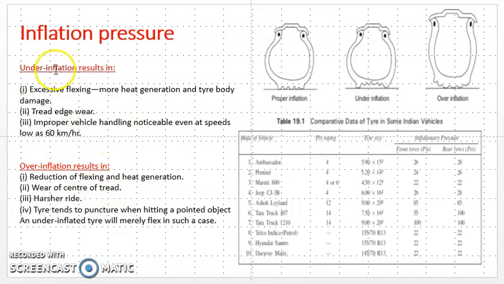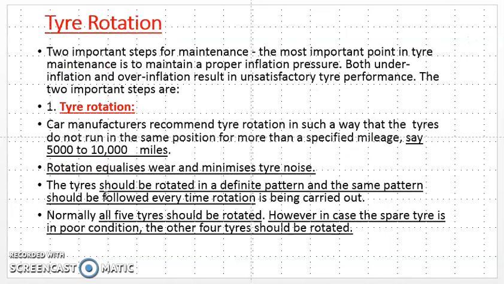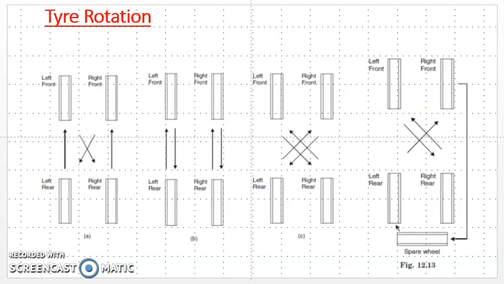We have also discussed the disadvantage of under inflation pressure and the disadvantage of over inflation pressure. Both are not desirable for the safety of the driver and vehicle. We also saw how to rotate the tire wheels.